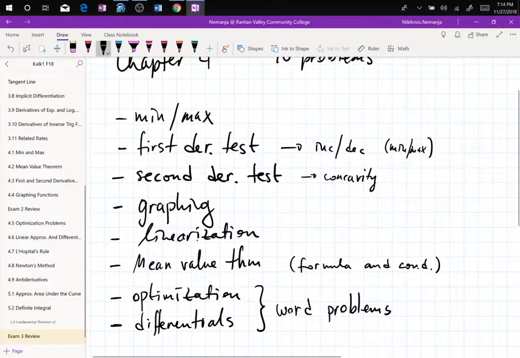And then the word problems, optimization and differentials. Optimization word problems, I believe that was 4.4 or something like that. We did quite a few. Some of those were the fence for the farmer. We did the business application with the pipe. Remember the pipe?